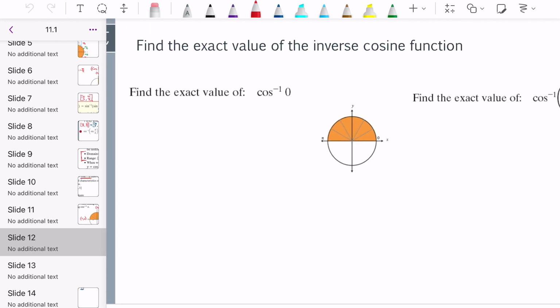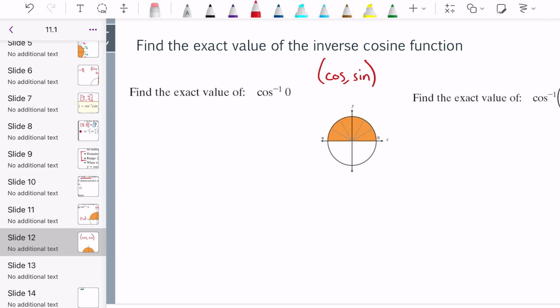As we begin with our problems for cosine, first thing we're going to do is take a look at the location of our 0 inverse cosine. Once again, keep in mind, we're going to have cosine as our x and sine as our y.